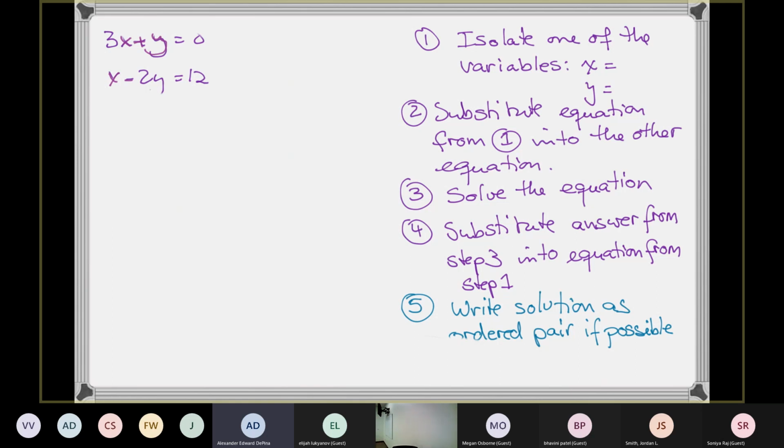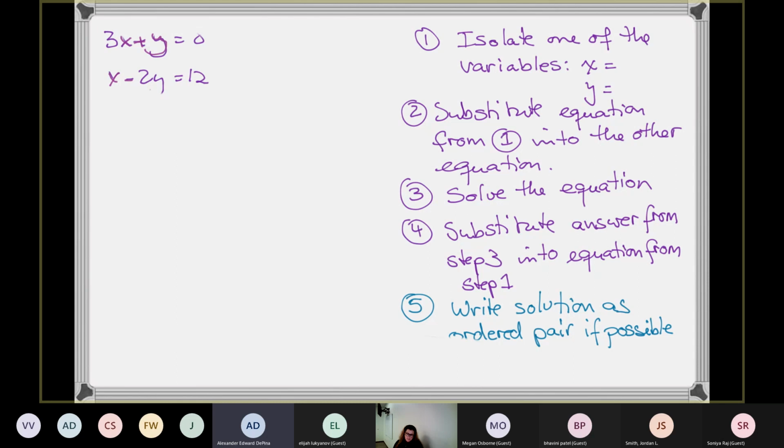In this case, it doesn't matter if we pick the first one or the second one, but there's one that's probably an easier step. Which one do you want to rearrange? The first or the second one? The first one. I go with the first one as well.